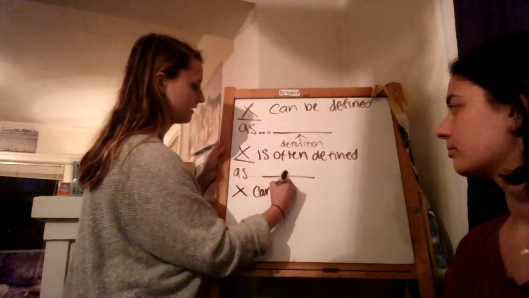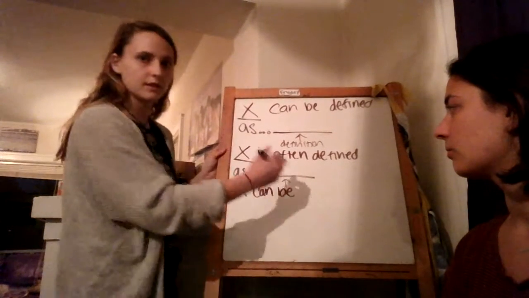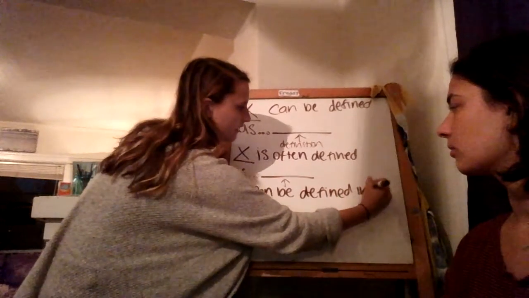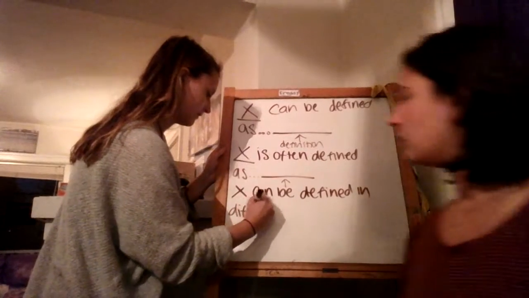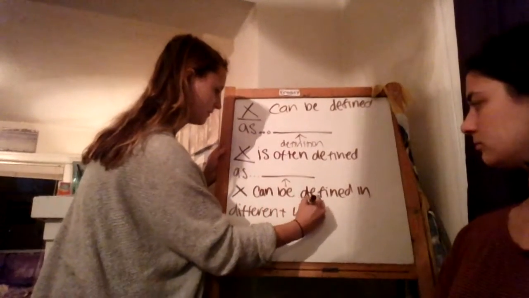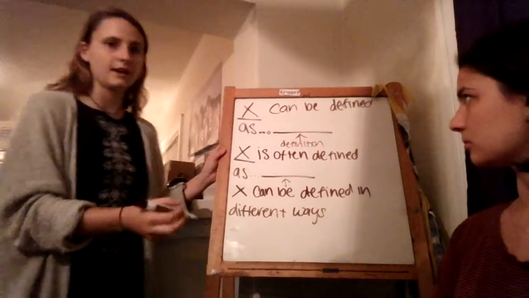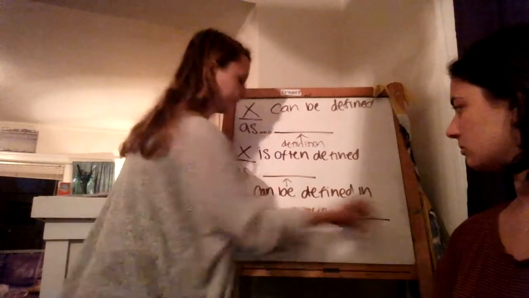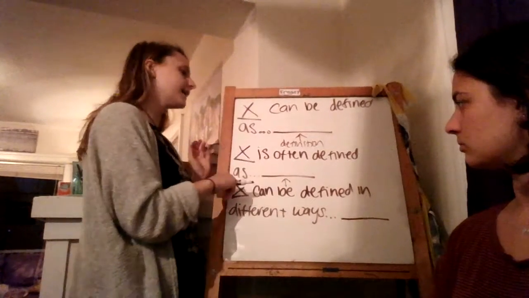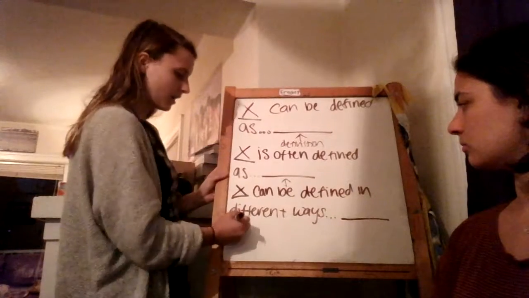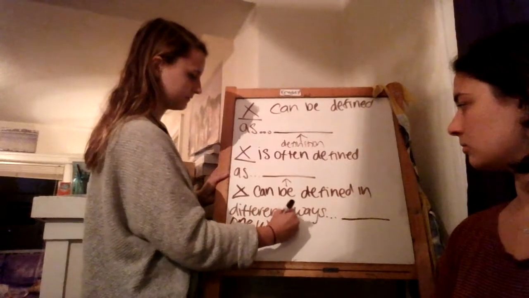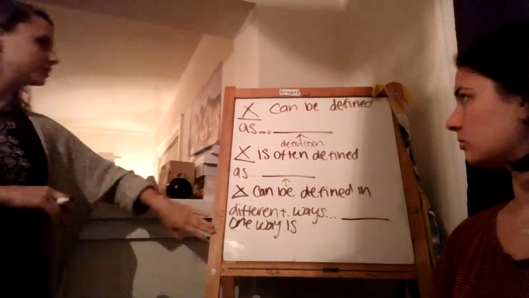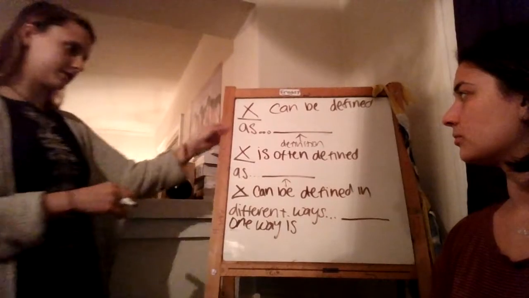So then we could also say X can be defined in different ways, and then you could give the definition. So maybe say X can be defined in different ways. One way is... So these are some ways that you can introduce definitions of words.